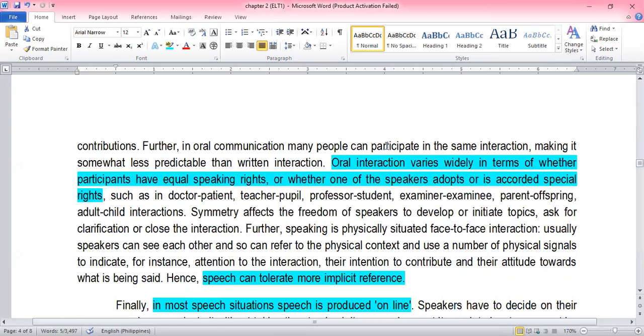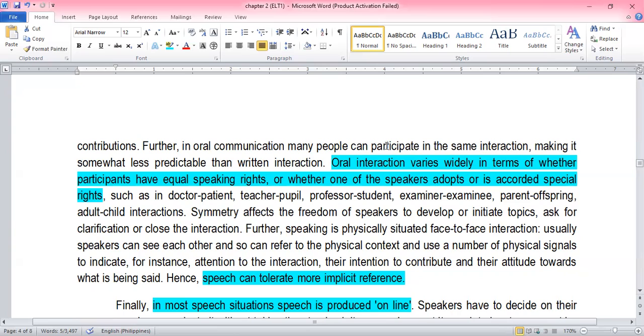Kasi there are things contextually that you have to take note of, kasi hindi pwede na same lang yung grammar, lexical, and discourse patterns mo when you're speaking with your classmate and when speaking to your teacher, kasi that's a different thing to remember. Okay?